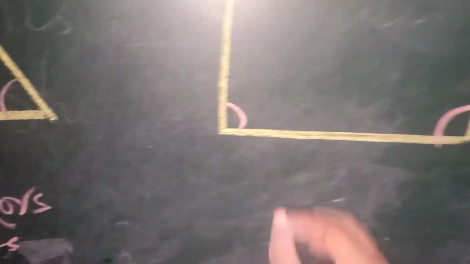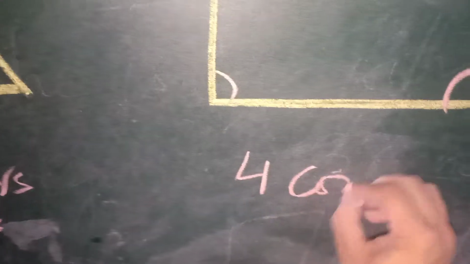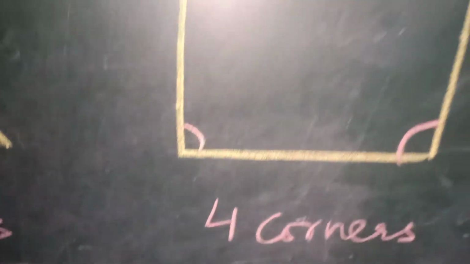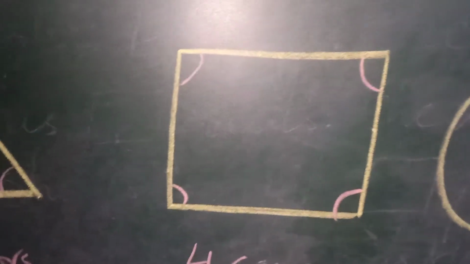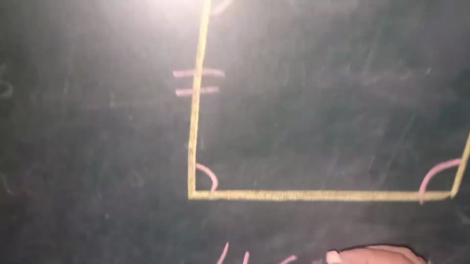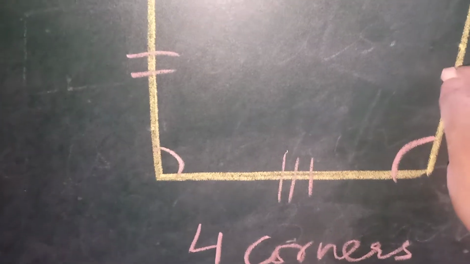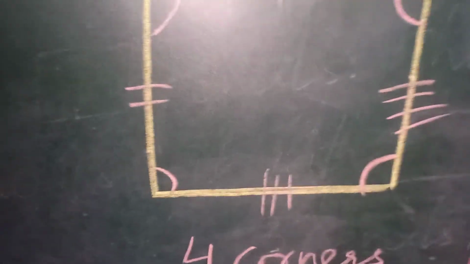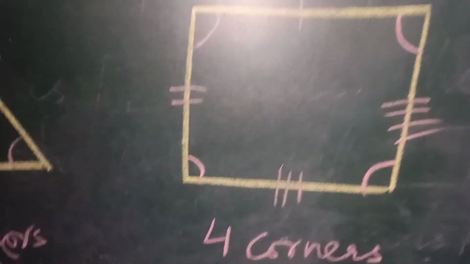So we have a total of 4 corners. And how many sides? 1, 2, 3, and 4.